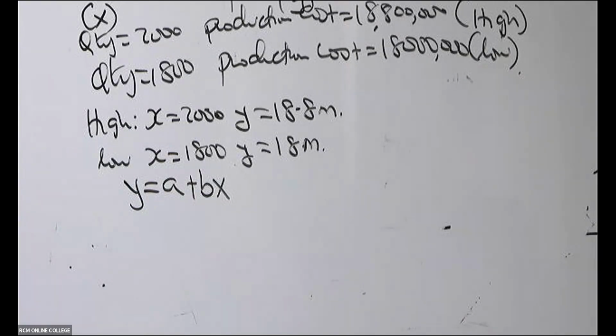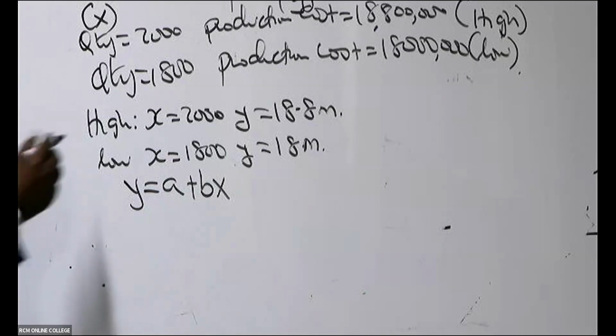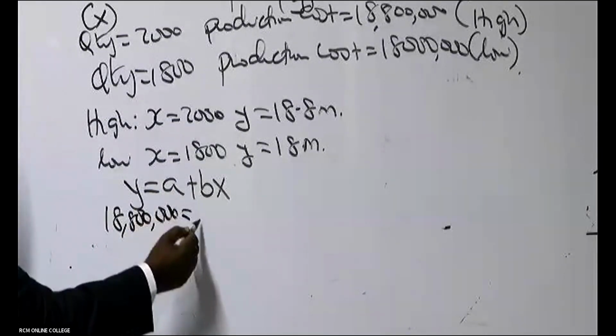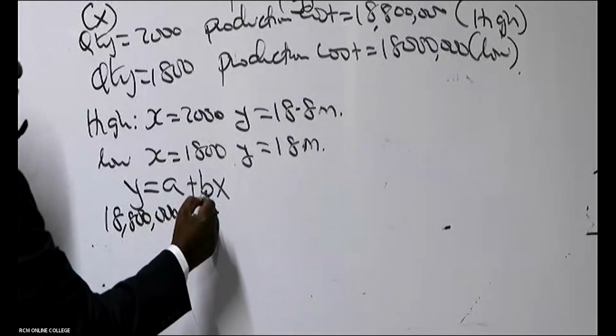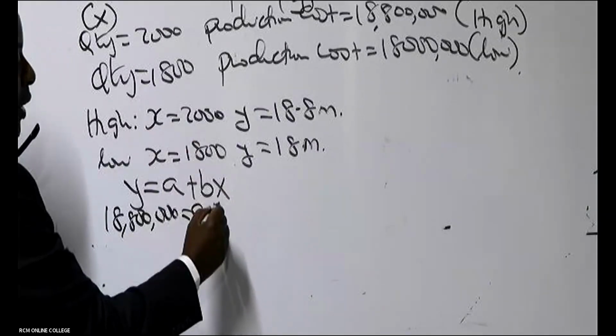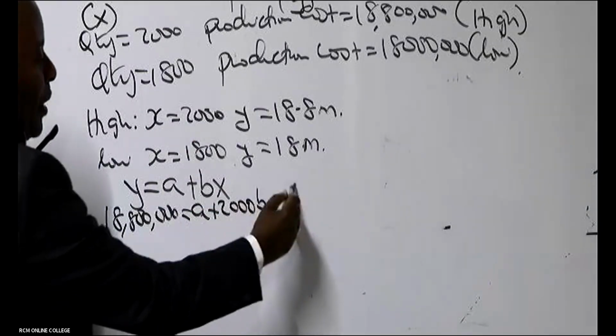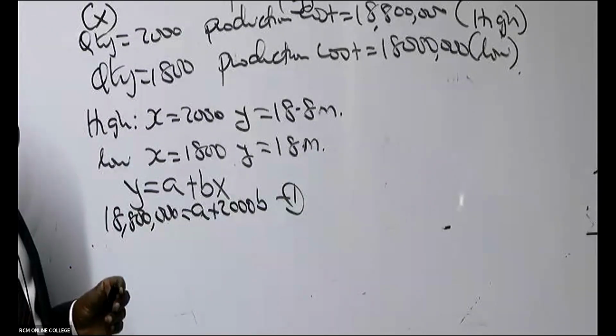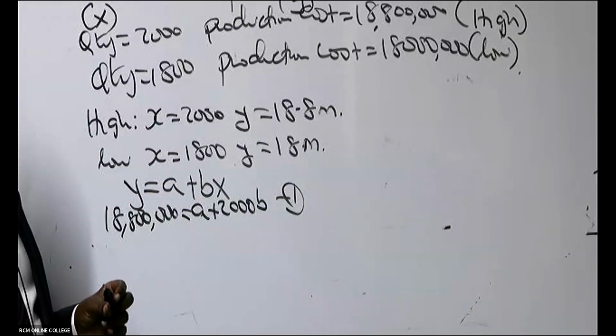Write them down. So here, Y is 18,800,000, equals a plus bX, so b times 2,000, that is 2,000b. That is equation number one. How about equation number two?